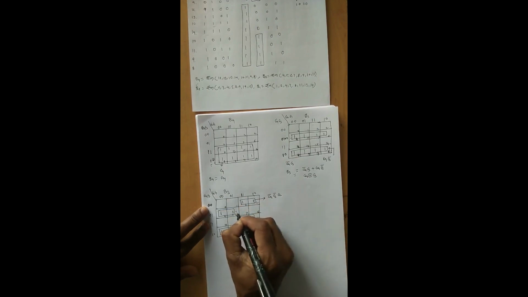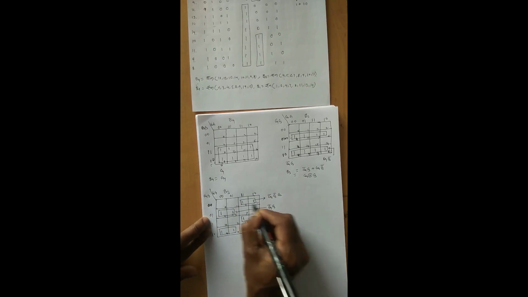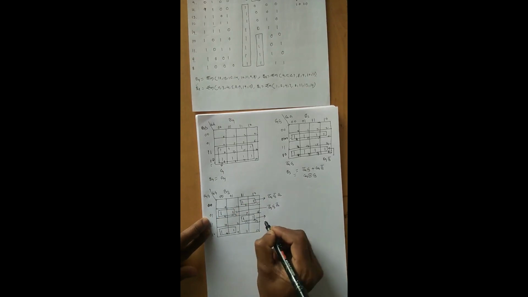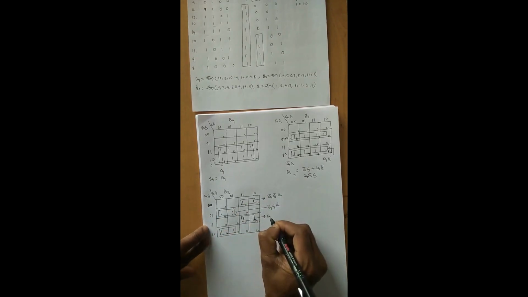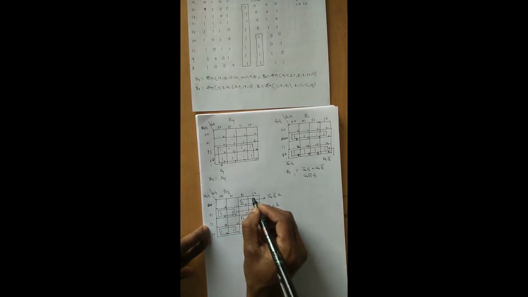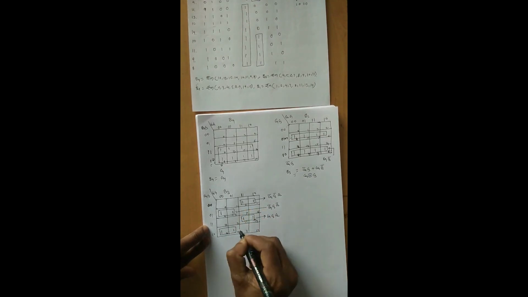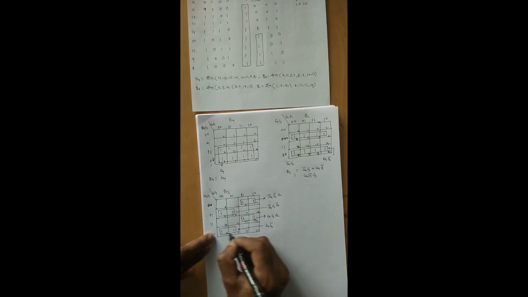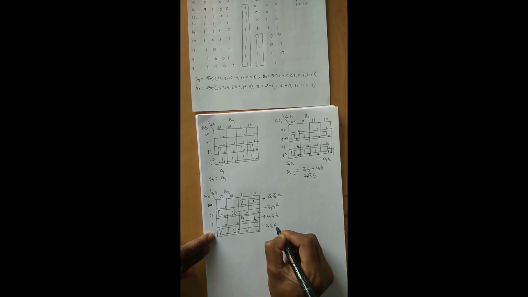And from this pair, Z4 complement Z3, and from this Z2 complement is common. From this, Z4 Z3, and from this Z2 is a common one, and from this Z4 Z3 complement, and from entire this Z2 complement is a common term.